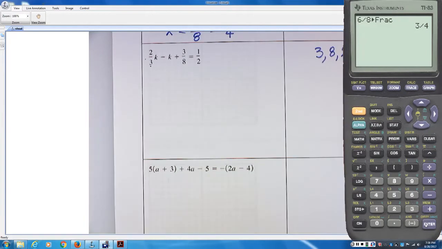There's actually an application on your calculator, if I can remember where it is. It's called the LCM, least common multiple.